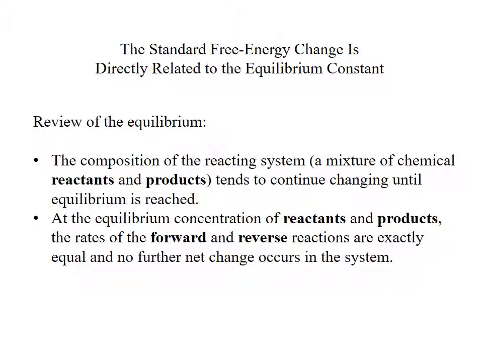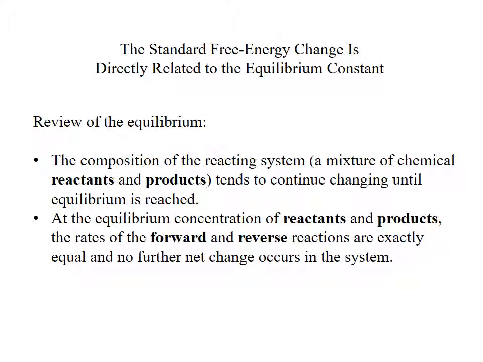So as we know, the standard free energy change is directly related to the equilibrium constant. The composition of the reaction system tends to continue changing until equilibrium is reached, obviously. And by reaction system, we assume the products and reactants.